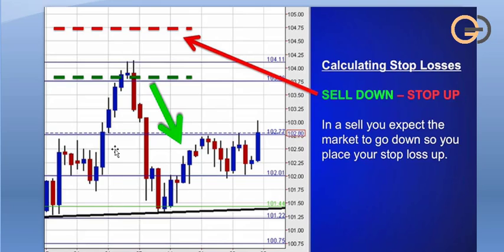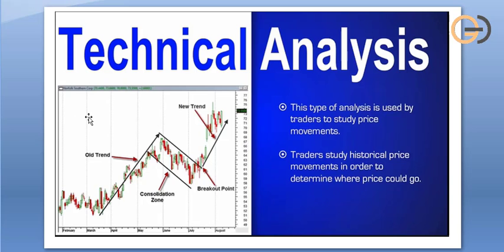Now, another thing we want to look at is technical analysis. This is one of the backbones of forex trading. I will do more in-depth analysis on this, and after that we'll look at how to open an account and start trading.